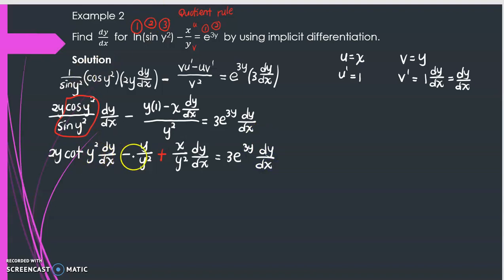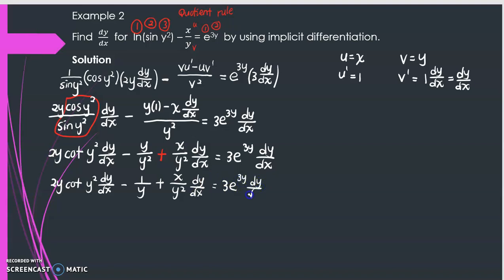So since I need the dy/dx, I will put the dy/dx together. So here I can try to simplify. So next, 2y cotangent y² dy/dx. y over y² is 1 over y plus x over y² dy/dx equals 3 e^(3y) dy/dx.